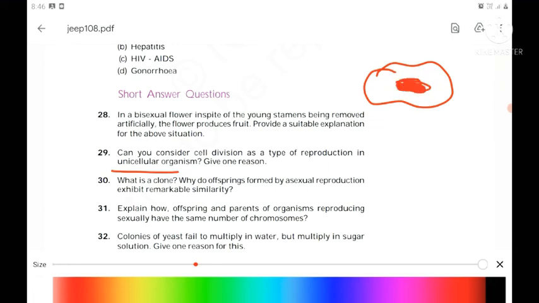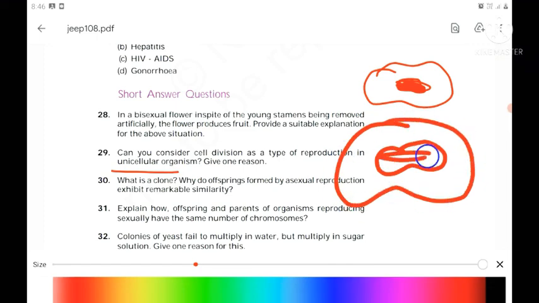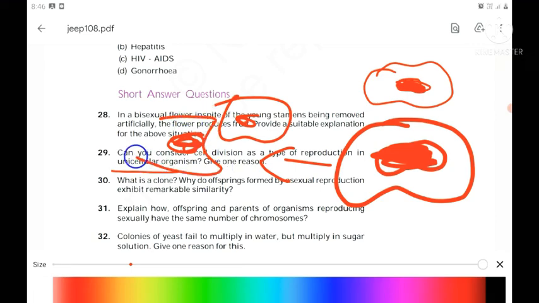By cell division, right? The nucleus will get divided. This is the nucleus. So this nucleus is going to get divided and give rise to two new individuals. So there is an individual formed. In the sense, this is reproduction and this is a unicellular organism.